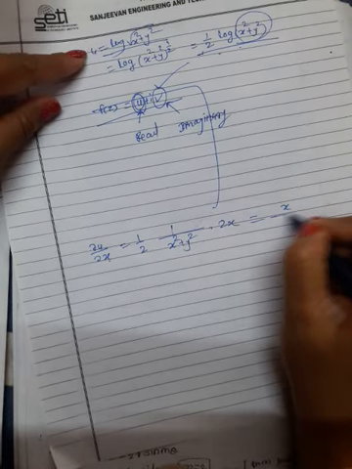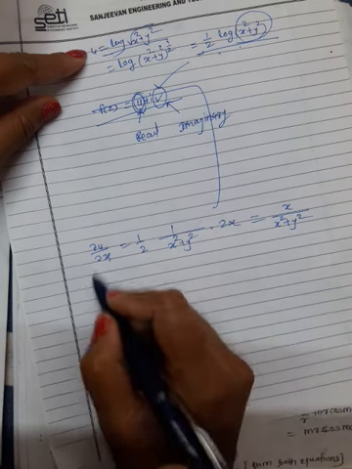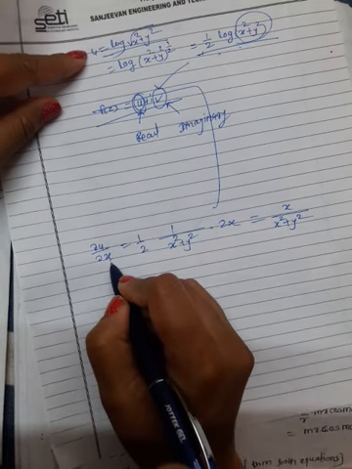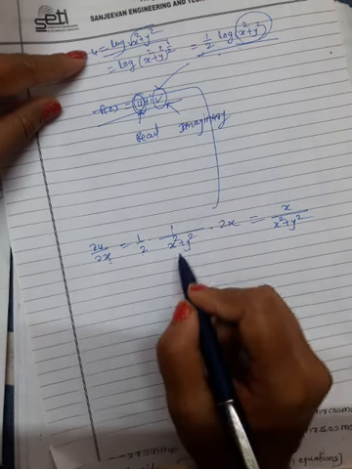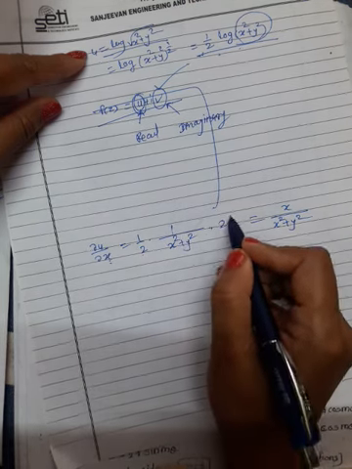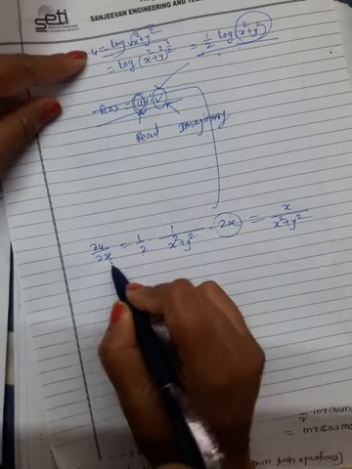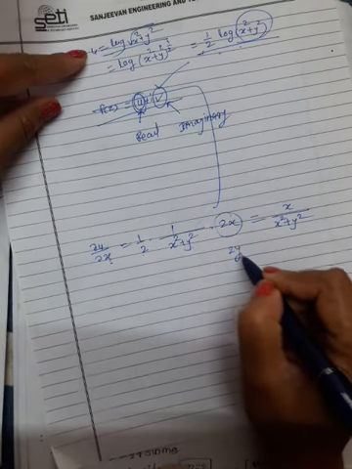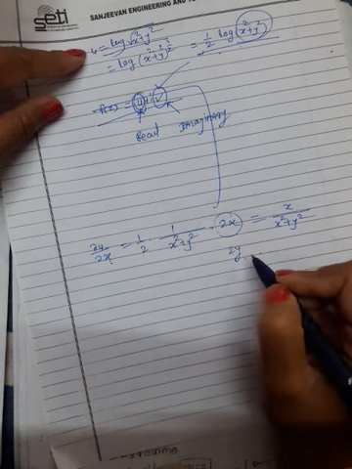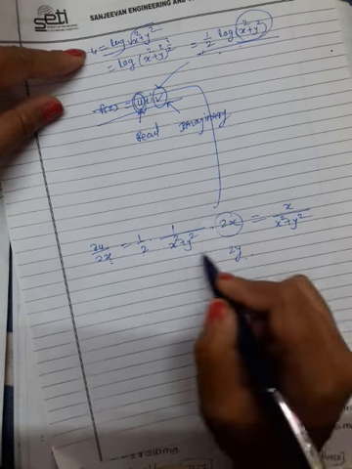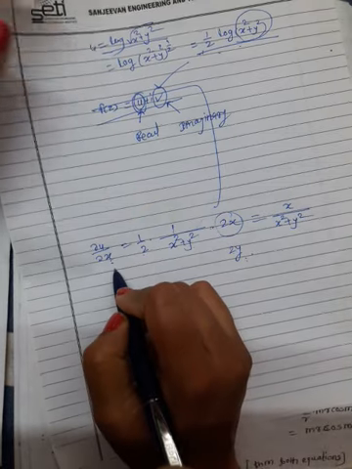The answer for del u by del x is x upon x square plus y square. For del u by del y, the difference is only that half stays as it is, the derivative of log is 1 upon x square plus y square, into the derivative with respect to y, which should be multiplied by 2y only. That is the only difference between the derivative in x and in y. The 2 gets cancelled. Del u by del y is y upon x square plus y square.